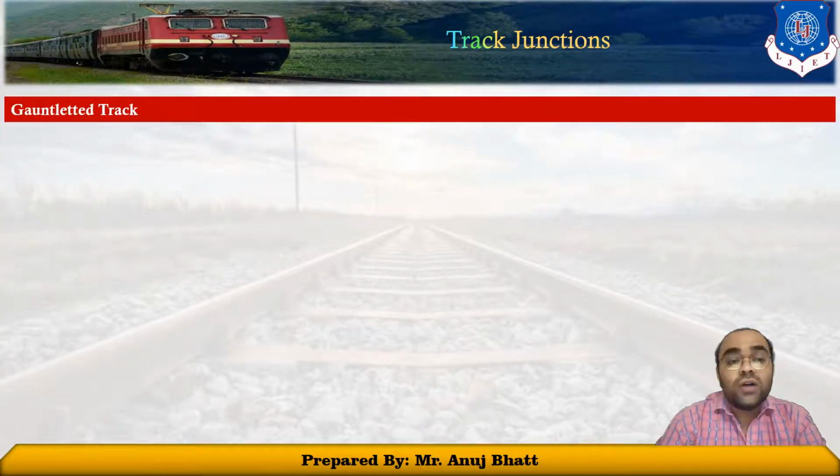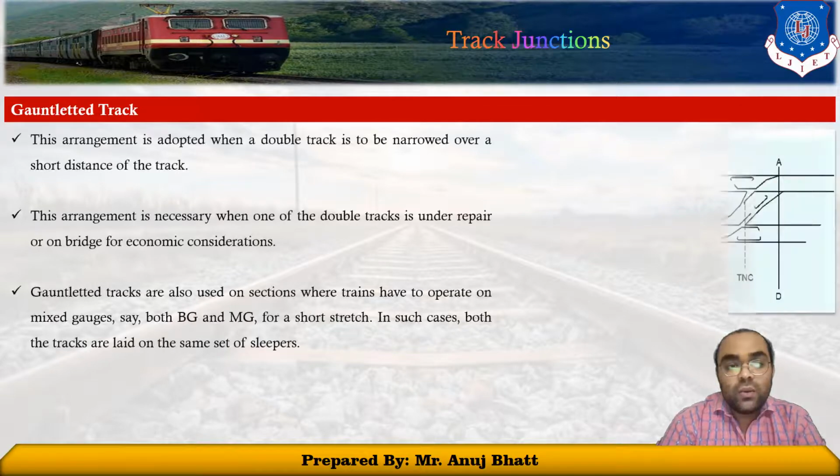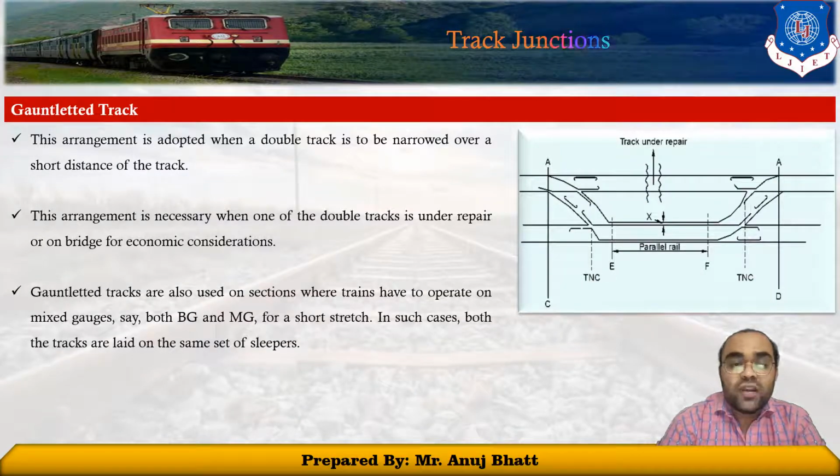While talking about the gauntleted track, this arrangement is adopted when a double track is to be narrowed over a short distance of the track.